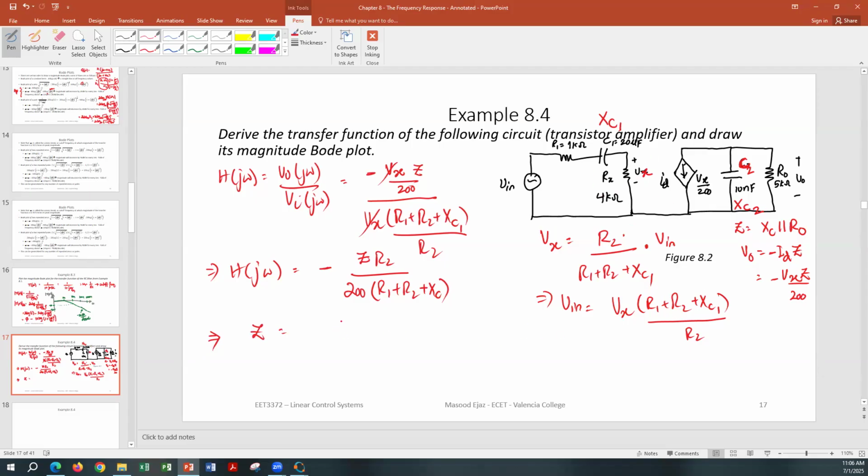So 1 divided by 1 over R out plus 1 over XC2, which will be 1 divided by 1 over R out, and XC2 is 1 over j omega C2 plus j omega C2. Go to the next page.